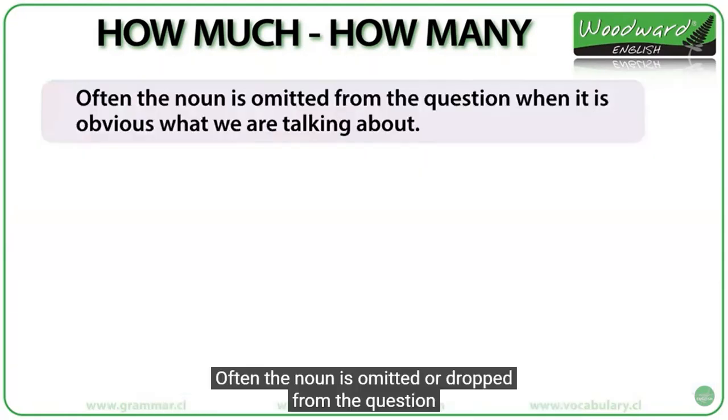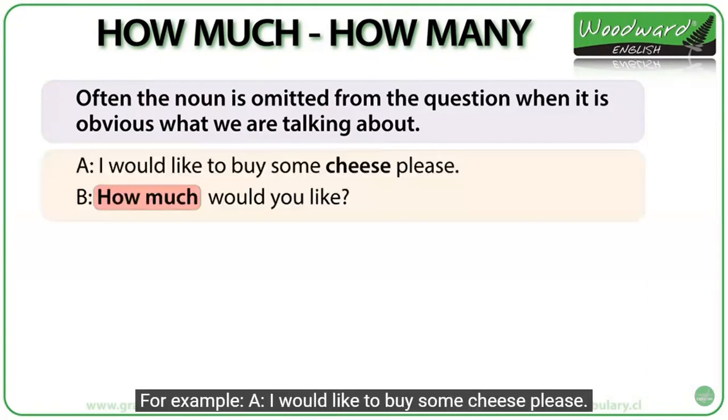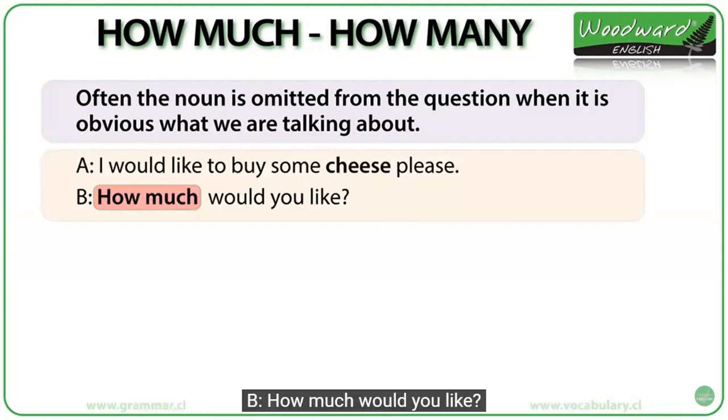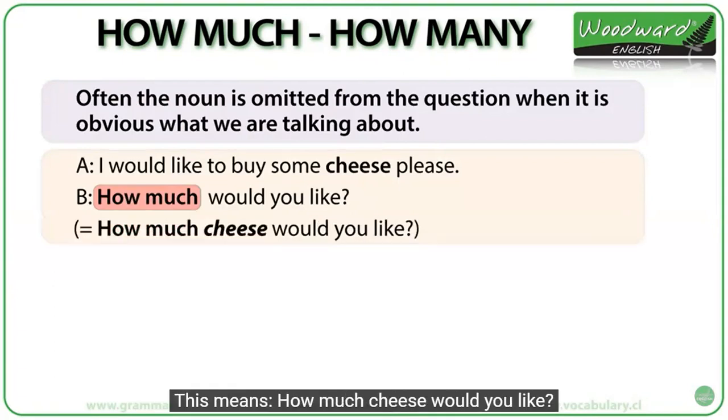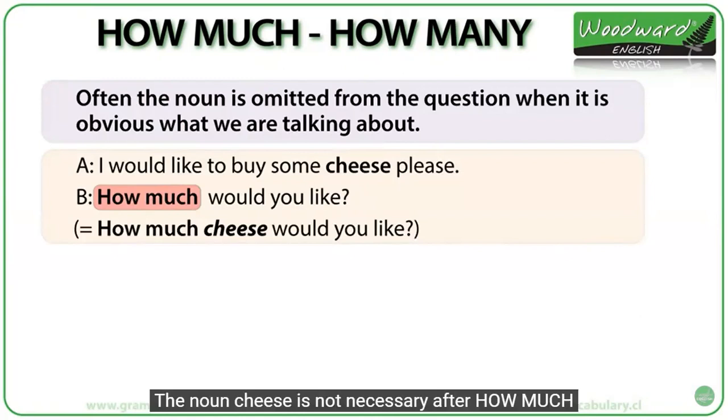Often, the noun is omitted or dropped from the question when it is obvious what we're talking about. For example, I would like to buy some cheese, please. How much would you like? This means, how much cheese would you like? The noun cheese is not necessary after how much, since we already know we're talking about cheese.